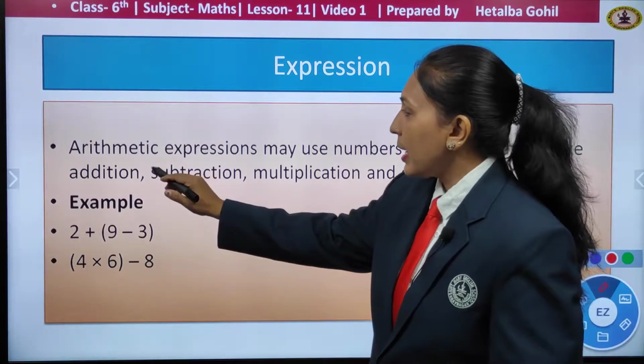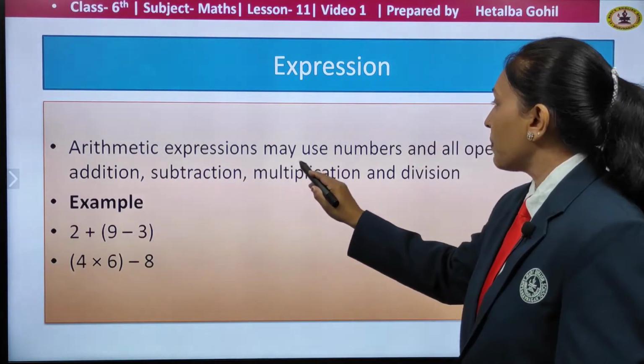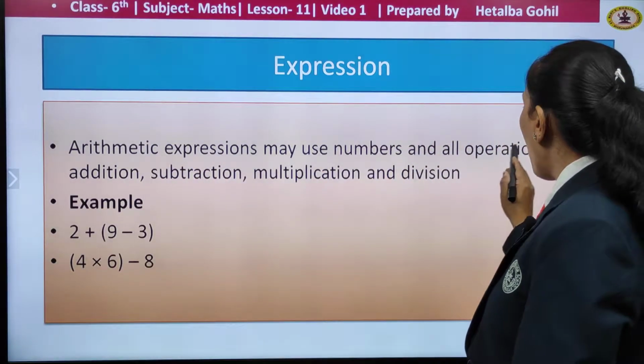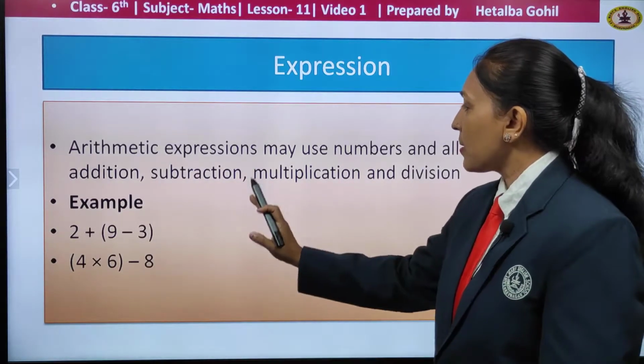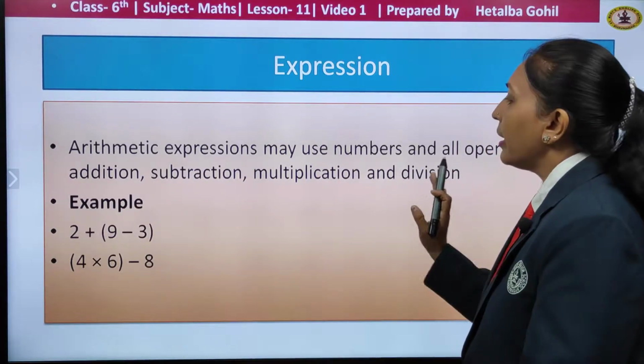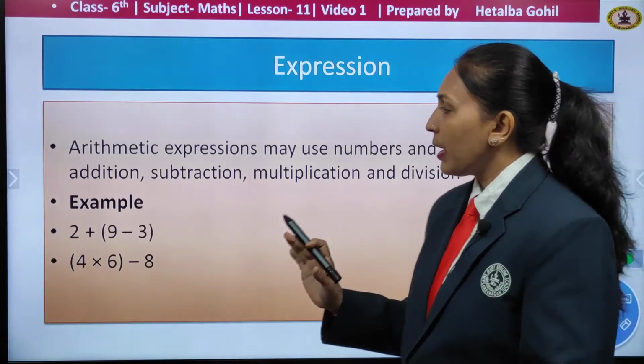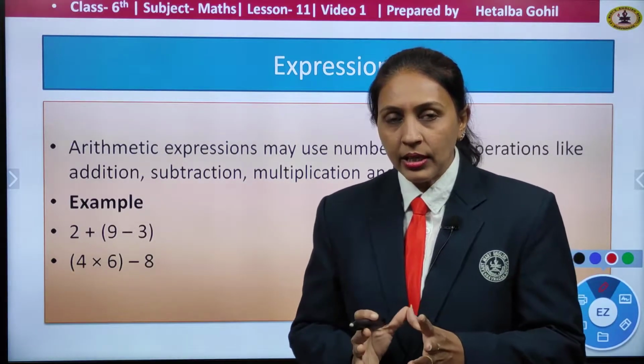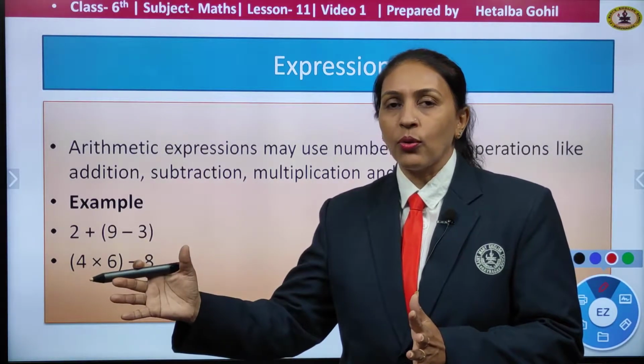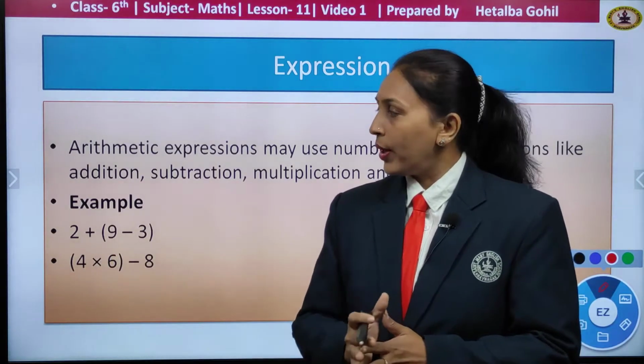So we can say arithmetic expressions may use numbers and all operations like addition, subtraction, multiplication and division. So first we have to form the expression and later on we can go on to find that unknown quantity.